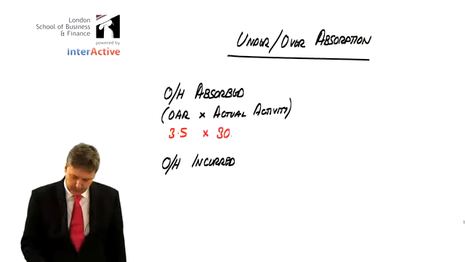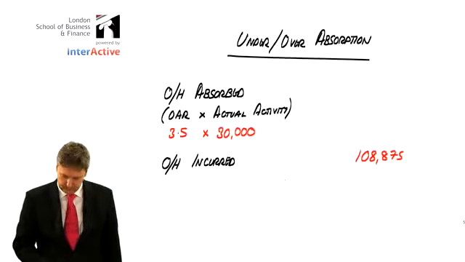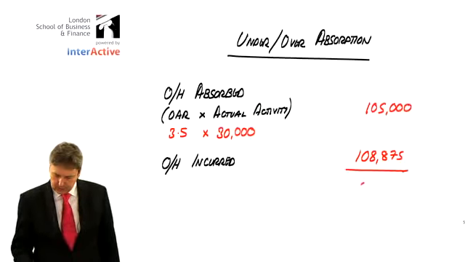Was 30,000. Overhead incurred was 108,875. If we multiply 3.5 by 30,000, we get 105,000. So the difference is 3,875.